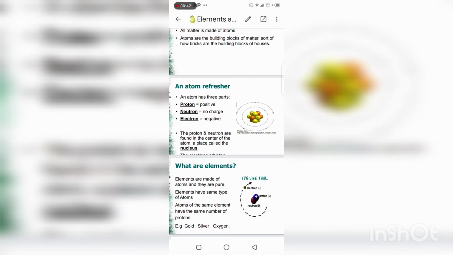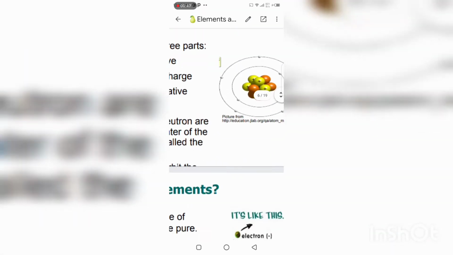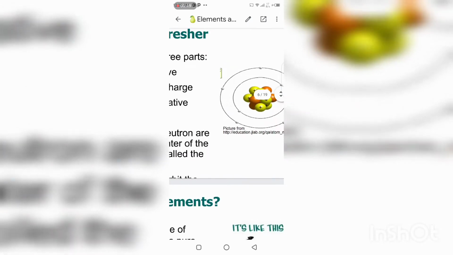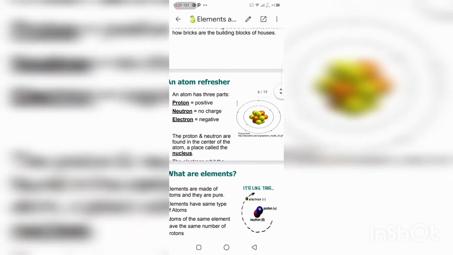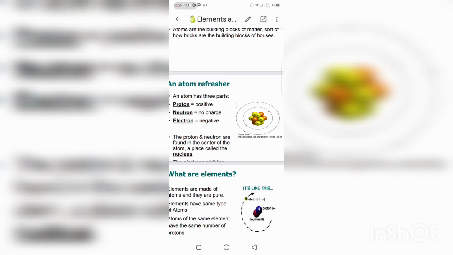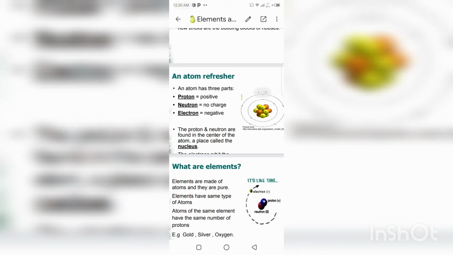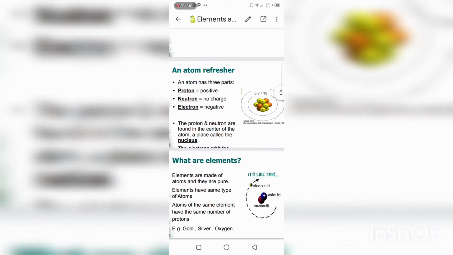The positive signs are protons and the circles are electrons, and the brown balls that have no symbols on them are neutrons. The protons and neutrons are found in the center of the atom, a place called the nucleus.